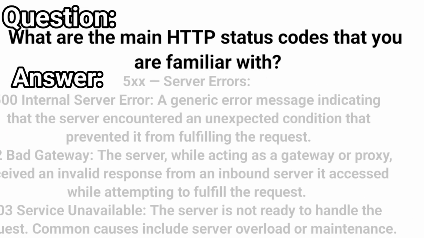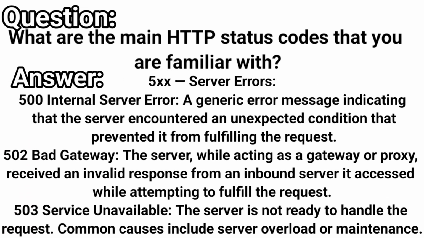And last but not least, the 500 series, server errors. 500, internal server error. A generic error message indicating that the server encountered an unexpected condition that prevented it from fulfilling the request. 502, bad gateway.